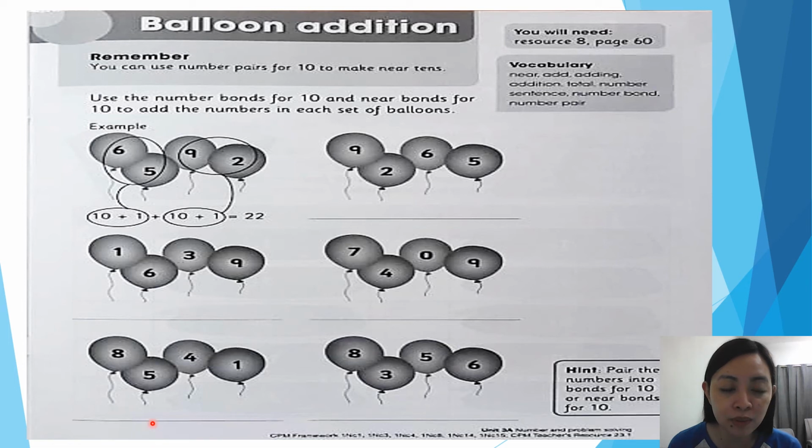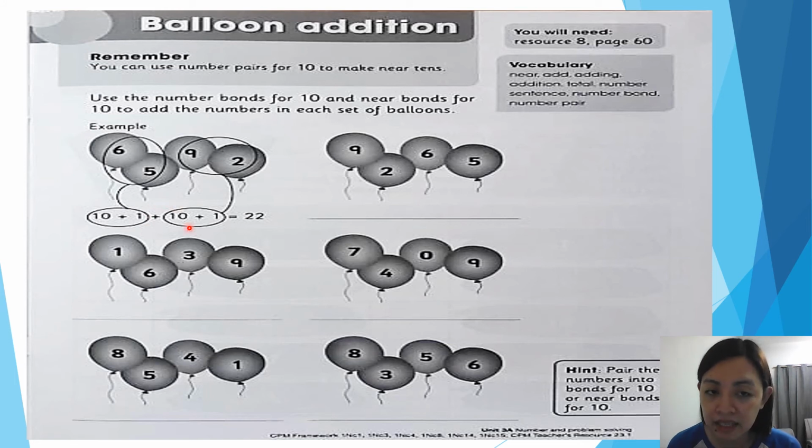So if you're going to observe here, 6 and 5 is equal to 11. So we divide 11 into 10 and 1. And then 9 and 2 is also equal to 11. So again, we divide it into 10 and 1. So 10 plus 1 is 11.